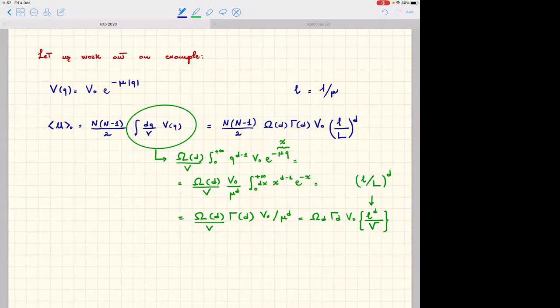Professor, this one is related to the sphere volume in n dimensions you showed us before, right? What do you mean? I think we did a similar calculation before. Yeah, it's a spherically symmetric integral in d dimensions.